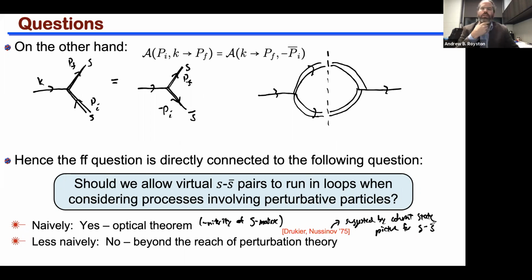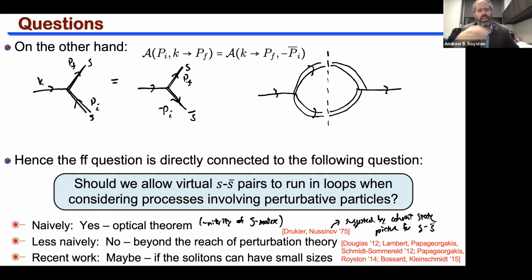They should be exponentially suppressed in the semiclassical expansion parameter. And so we wouldn't consider them when doing a diagrammatic approach, which is only ever going to give us some asymptotic series in that expansion parameter for any given observable.